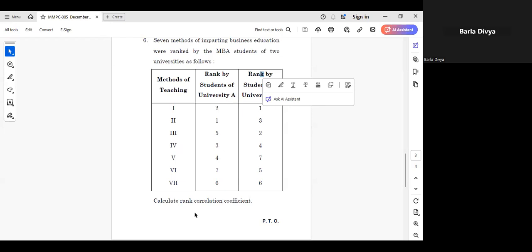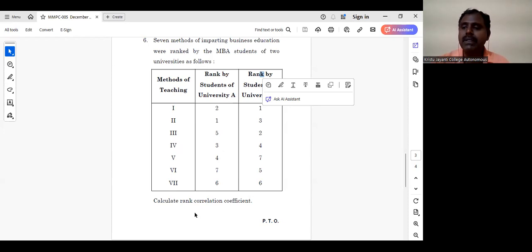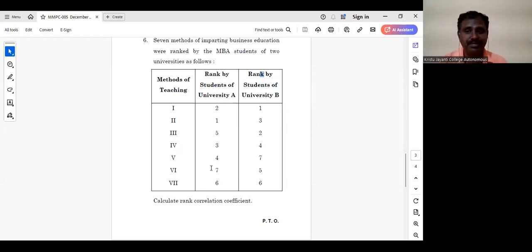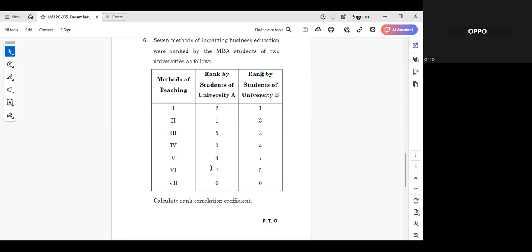If ranks are repeated, then you have to add the correction factor, M cube minus M divided by 12, for the calculation of R. Is that clear? Yes, sir.